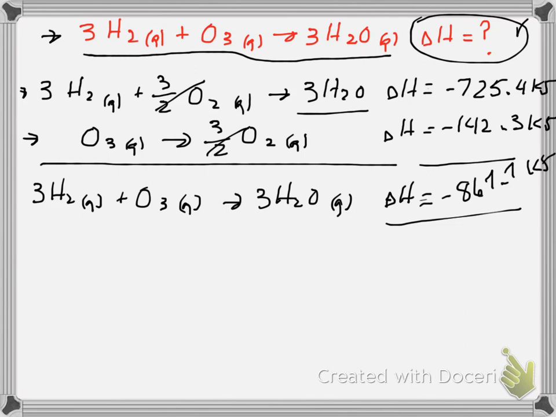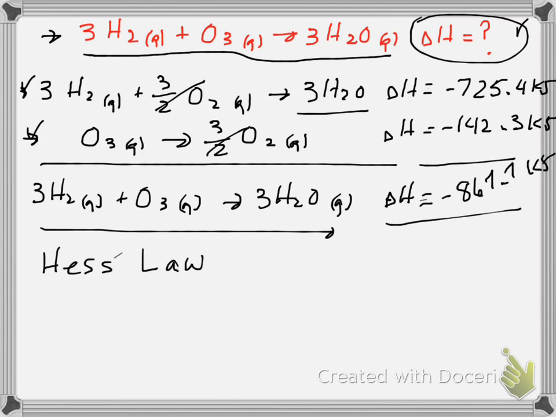So when you come up with the delta H value of a reaction, not going directly through like this, but by using two or more other reactions and combining them, that's what we call Hess's Law. And that simply states that the way in which you get the delta H value doesn't matter.